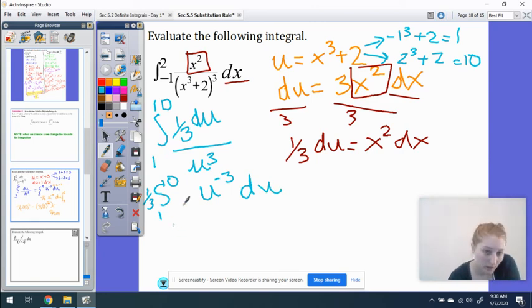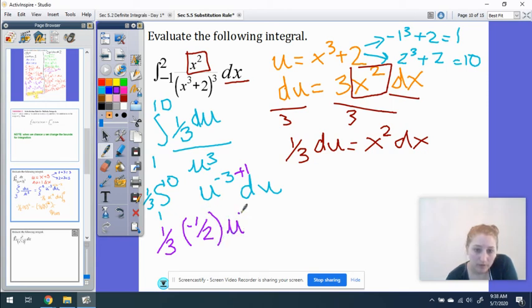So we're going to integrate. So plus 1. So we're going to get 1/3 times negative 1/2 u to the negative 2 du plus c. Nope, don't need c.